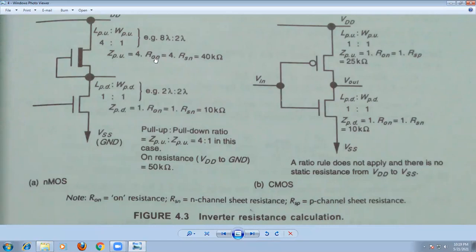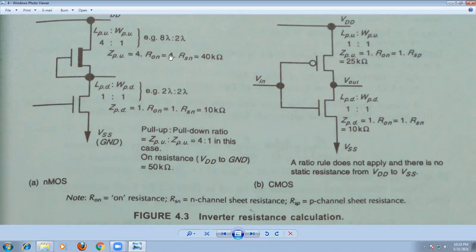Rn is equal to Z pull-up into Rs, the sheet resistance of the pull-up transistor. Z pull-up is equal to 4, that is 4 by 1, 4 squares.